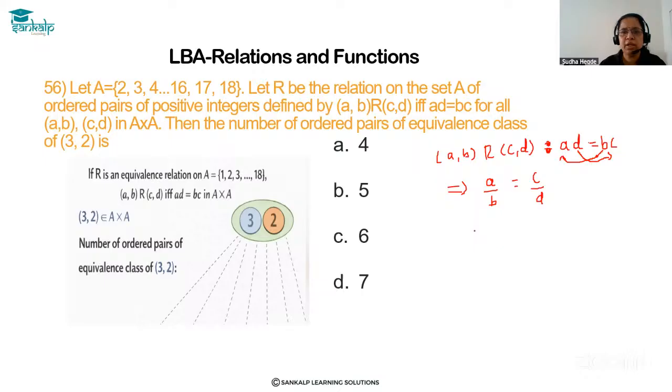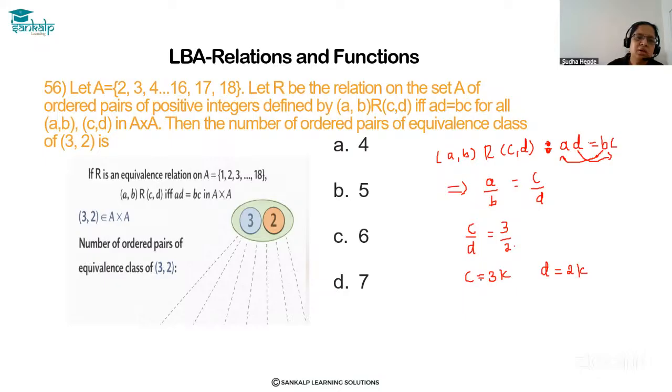You need to find the equivalence class of (3, 2). So c/d is equal to 3/2, or let us take c as 3k and d as 2k because it is a ratio.